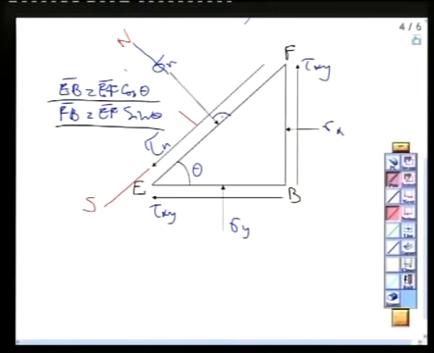Sigma y, but I have to change it from here to here, right? And then I have sigma x, but also I have to change it from here to here. And I have tau xy, but I have to change it to this direction.